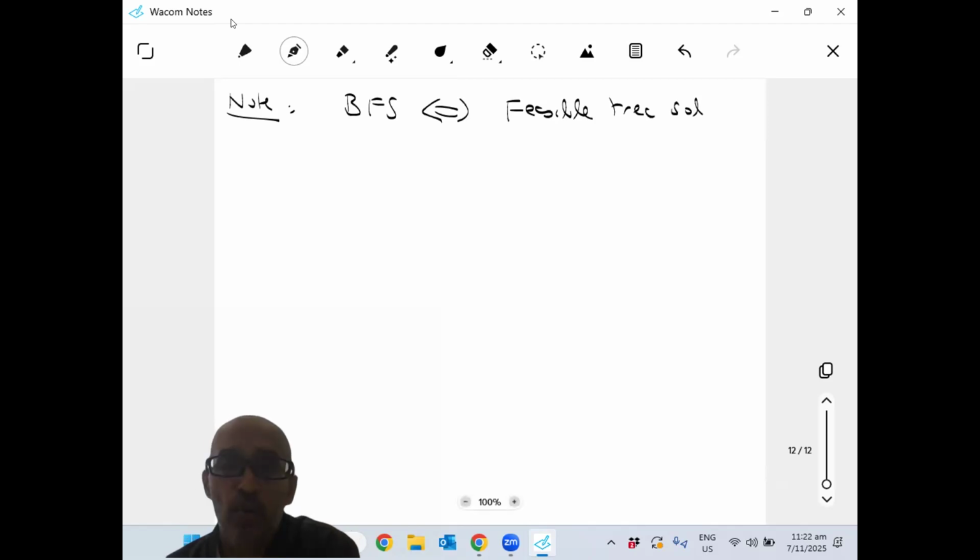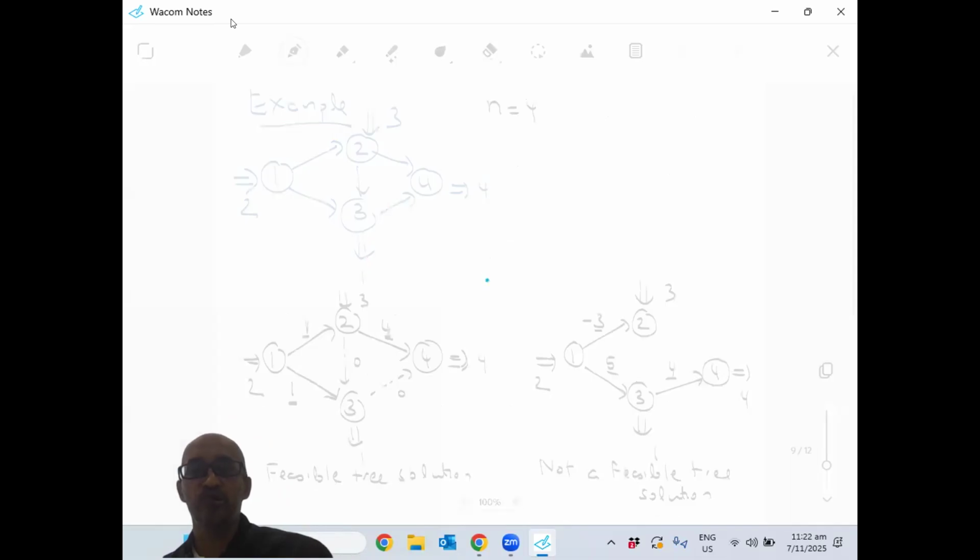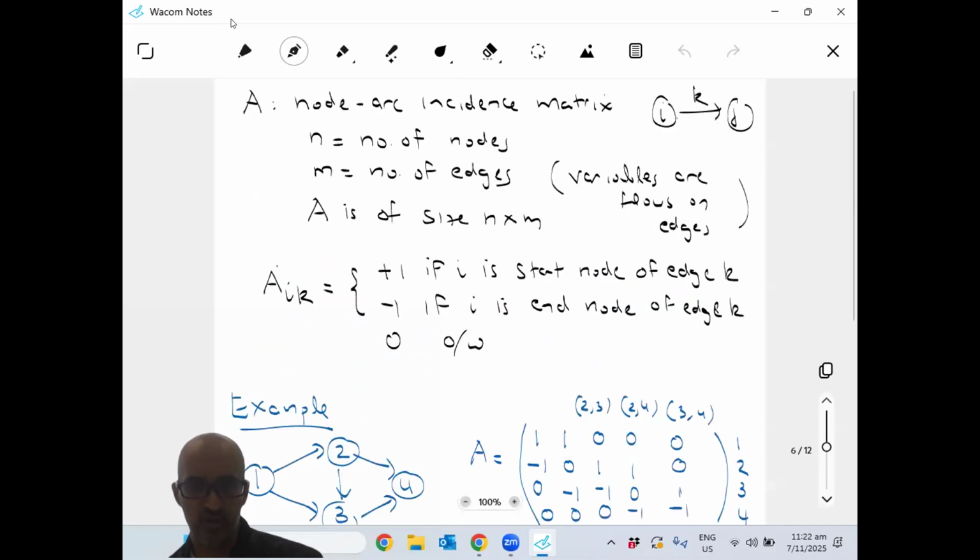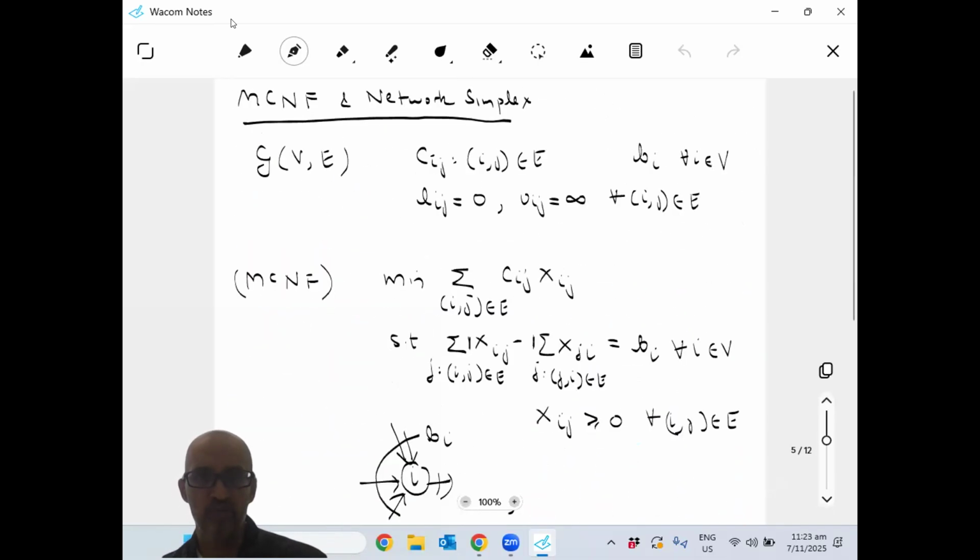Okay. Now we will just look at what network simplex looks like. So let me just take the minimum cost flow problem.